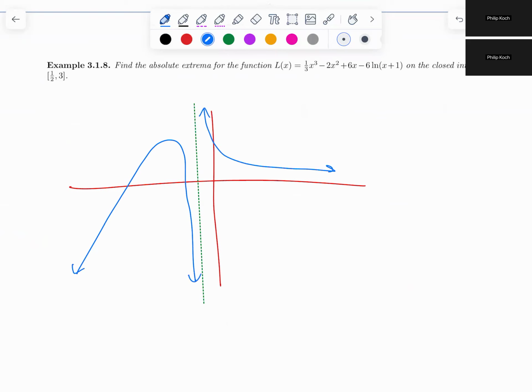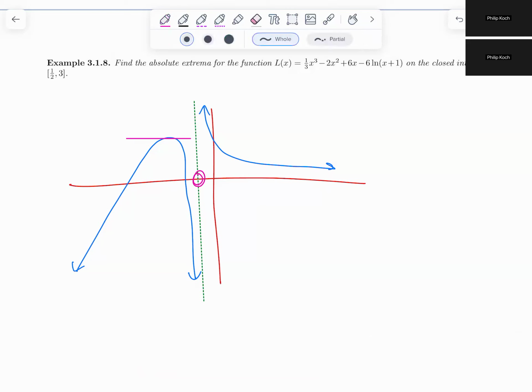So this function has two semi-critical values, one of which is a critical value. The critical value is right here because that's a place where the derivative would be equal to 0 because you have a horizontal tangent line there. And then the other one, a semi-critical value but not a critical value, is right here.